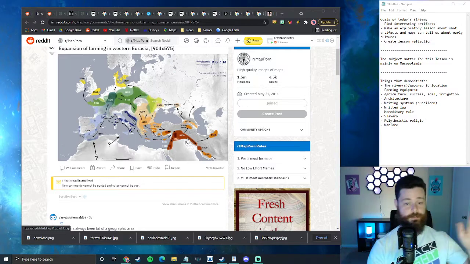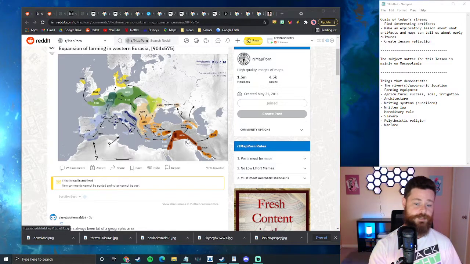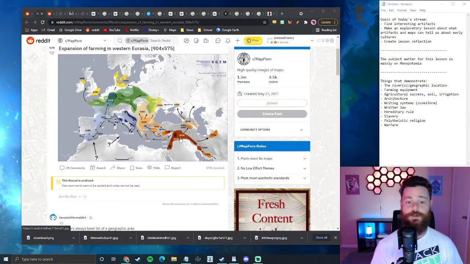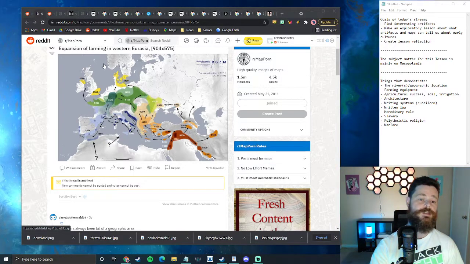That doesn't mean that literally nobody in the rest of the world farmed before this, but I believe the interpretation of this map is that it's an estimation based on archaeological evidence of when just in this location over here farming would have started.